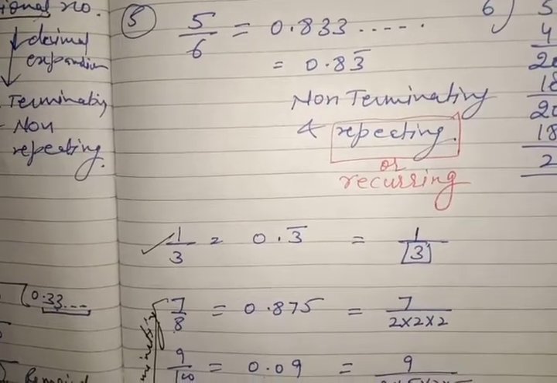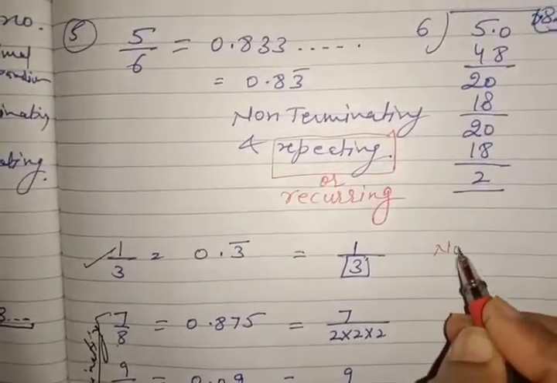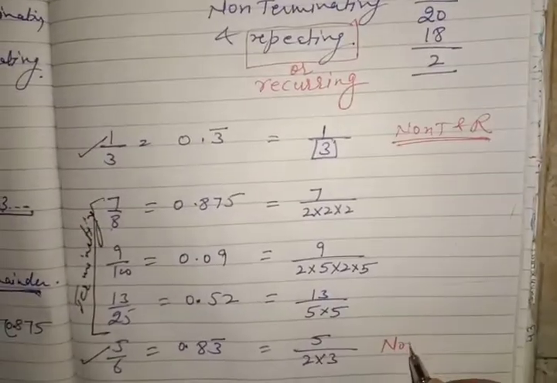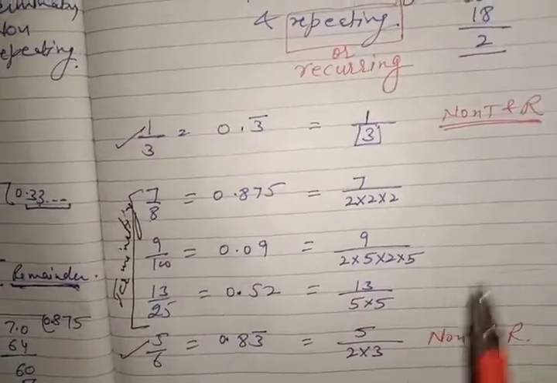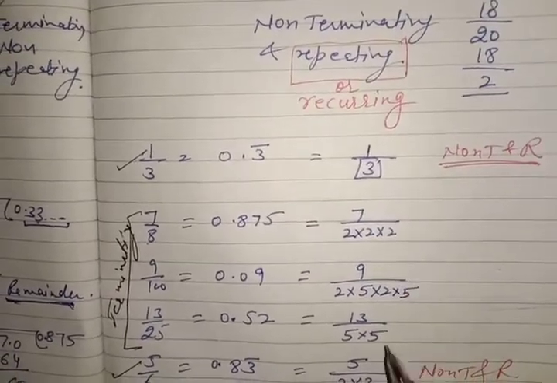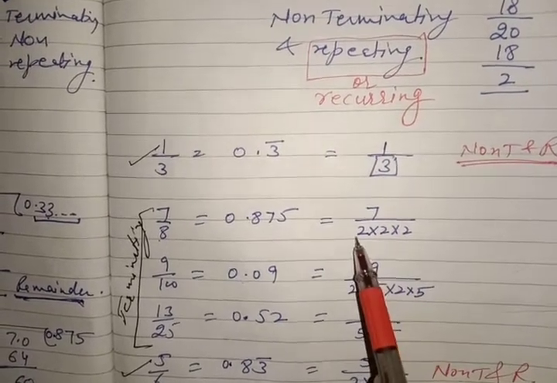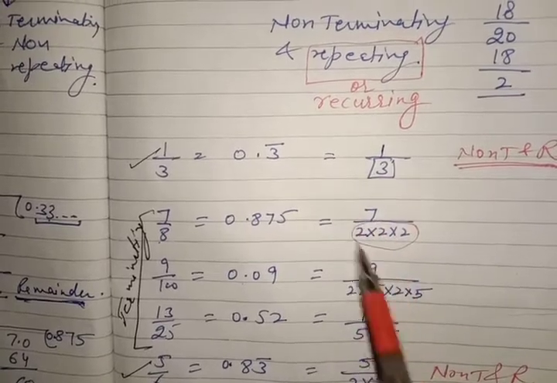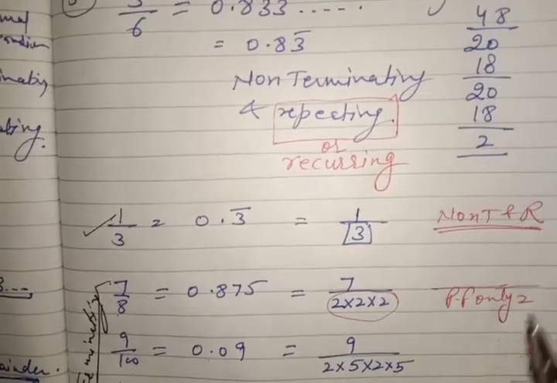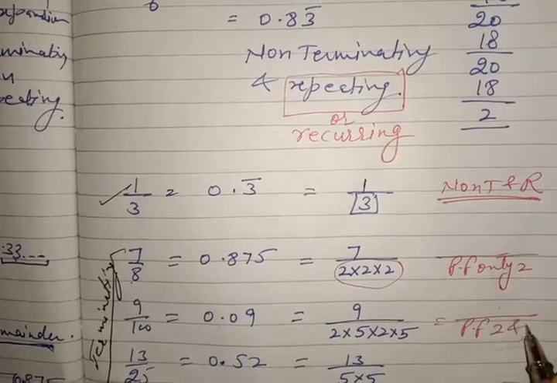So what did you observe? First of all I will discuss terminating with you. What do you observe? That the denominator has prime factors of only 2. Here prime factors are 2 and 5.